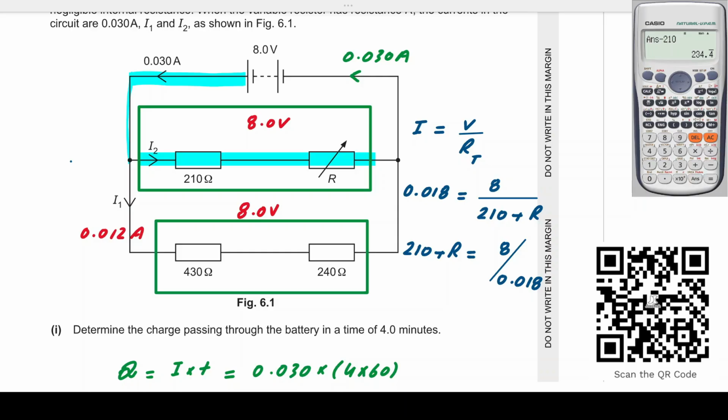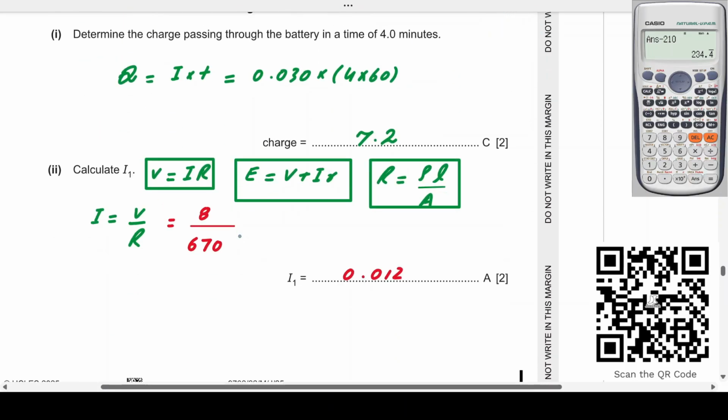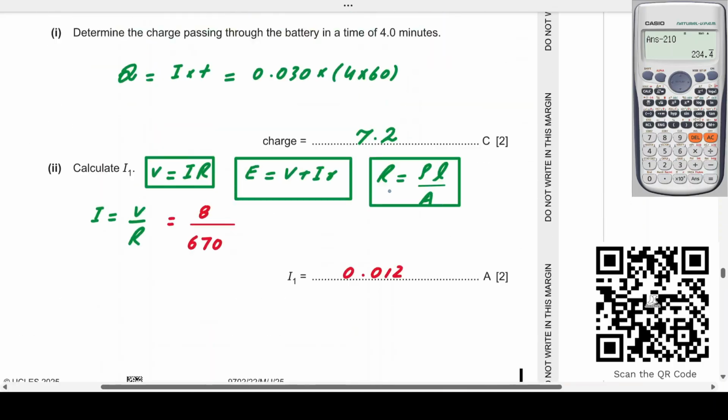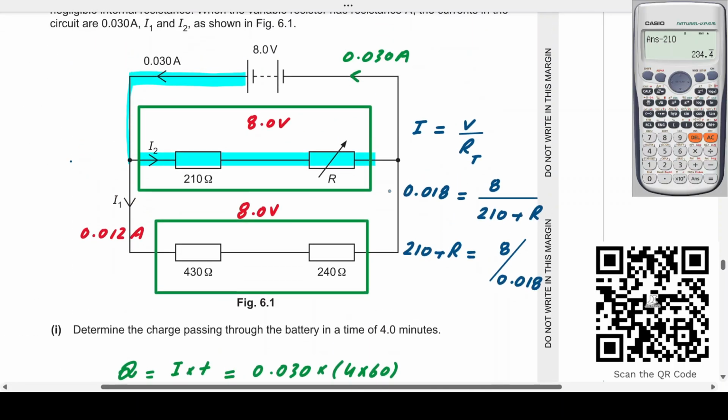That gives 234, which in 2 significant figures, since all the resistances are in 2 significant figures, I can write as 230. Still, there are plenty of ways you could have solved this one. Another attempt would have been to find the total resistance of the circuit, but that would just make it more complicated. This is probably the easiest method I can think of.